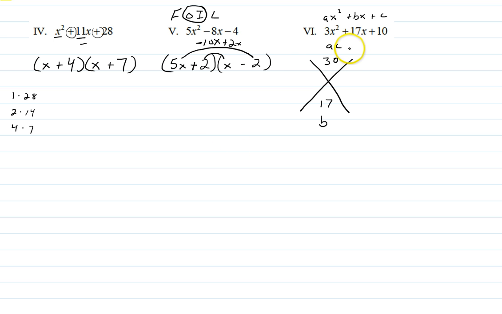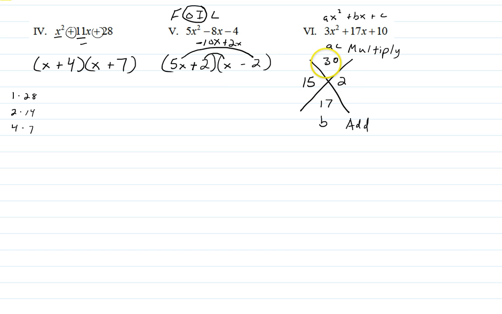And so we play the game of what numbers are going to multiply to 30 and add to 17. So you think about it and you end up with 15 times 2 is 30, 15 plus 2 is 17.